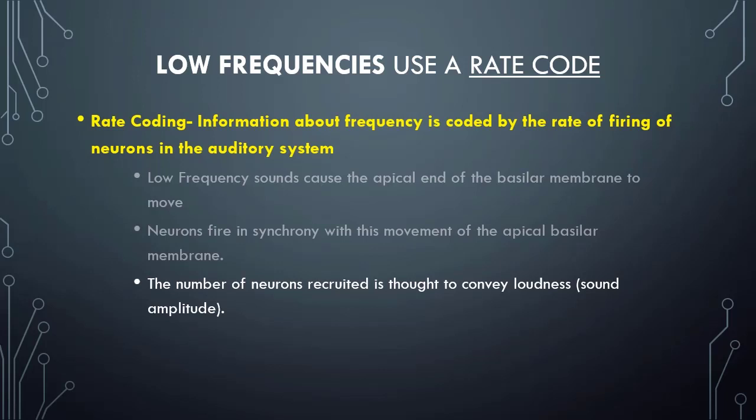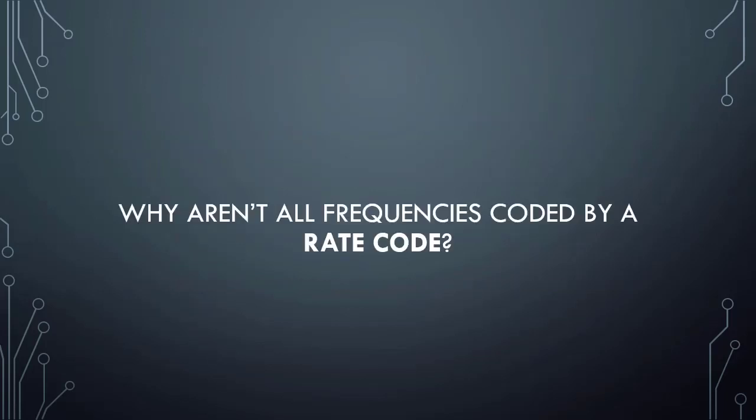And so this is a case where we know how this system works, but it's actually the exception. Only about 5% of frequencies that we perceive are encoded using this rate code. Which should lead you to a question like, why don't we encode every frequency using a rate code, right?